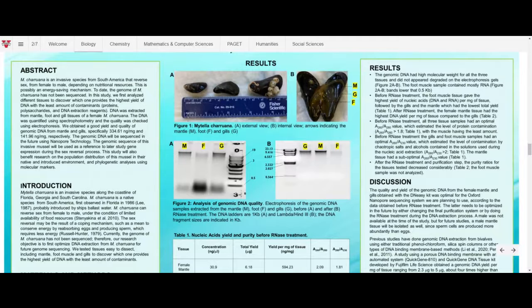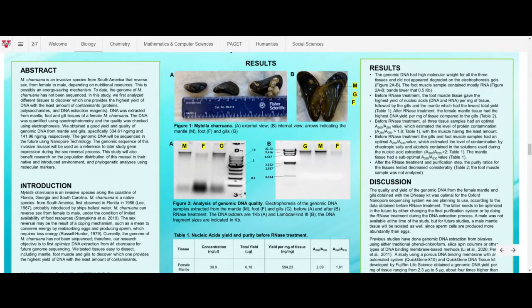Basically, we wanted to analyze the different tissues and see which one would give the highest yield of DNA with the least amount of contaminants, such as alcohol or proteins or anything else that was not DNA.